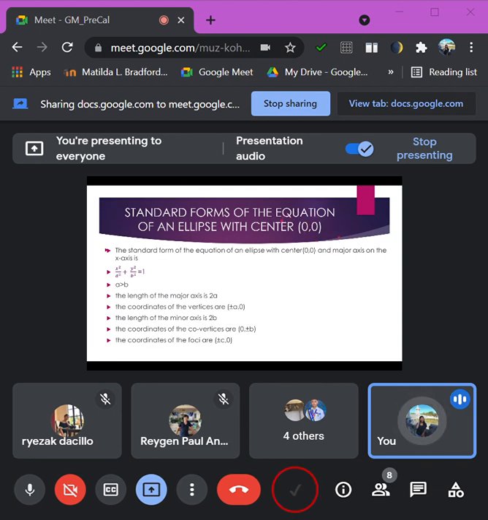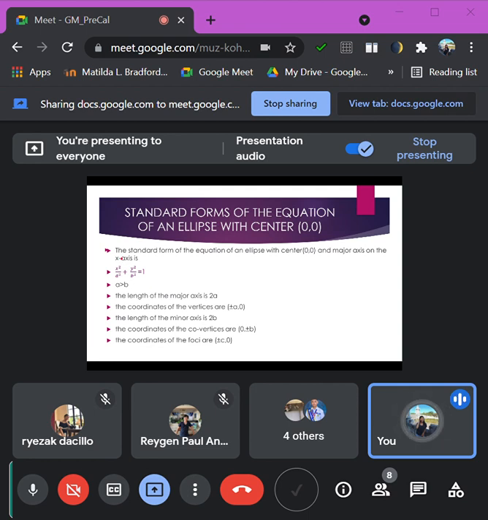So kung unsa nang 0, 0 class? Kung ang iyahang center kay origin. Okay, so we have here the standard form of the equation of an ellipse with center 0, 0 and the major axis on the x-axis. So meaning to say, this is in the horizontal form. Kay iyang major axis na aman daw sa x-axis.